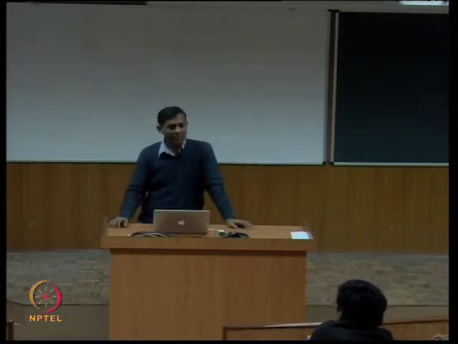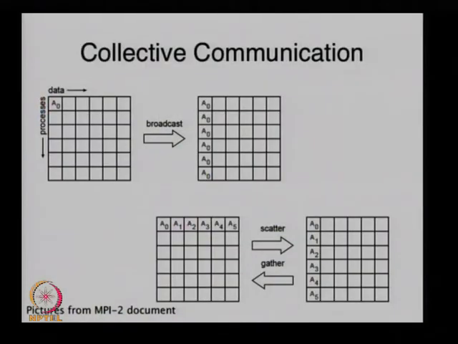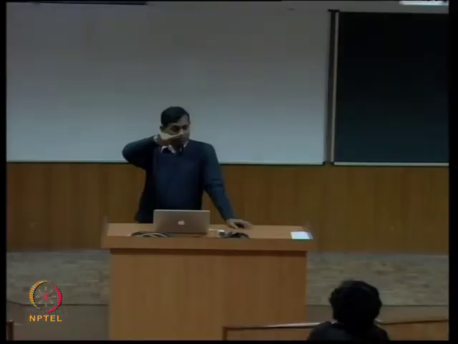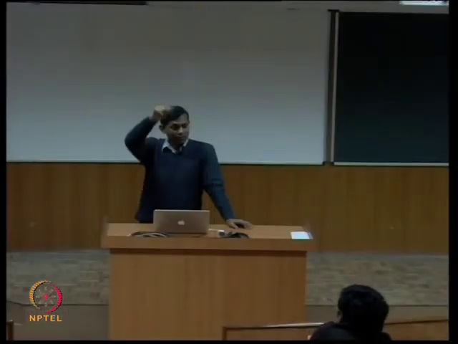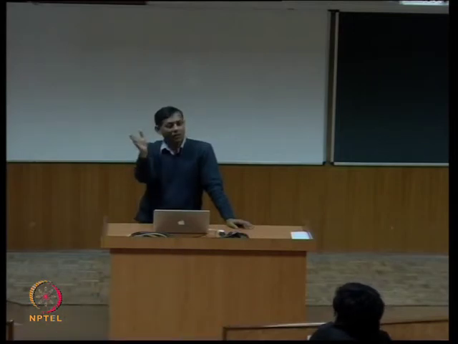Broadcast basically says I've got one piece of data, and that piece of data has to go to every processor. Scatter says I have an array of data, so processor 0 has the array, and that array gets distributed among all the processes.